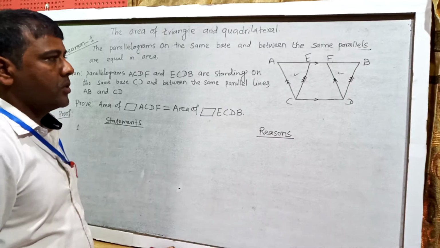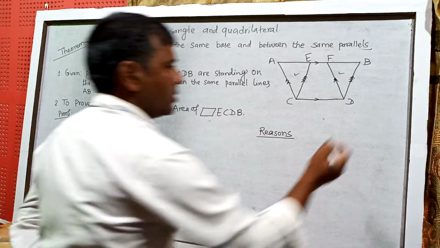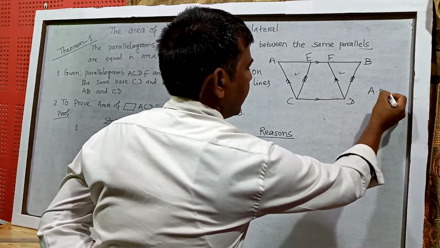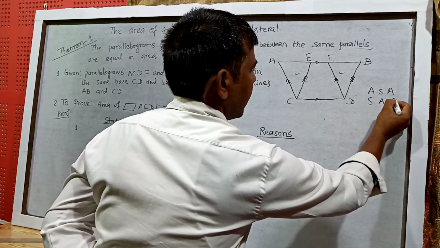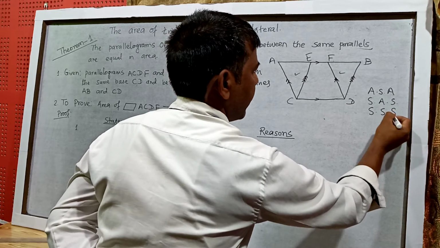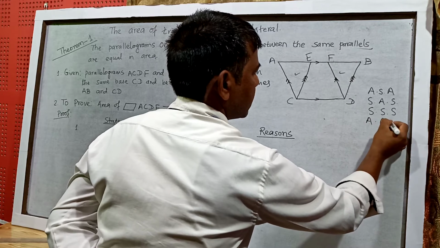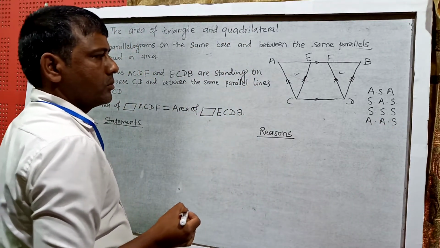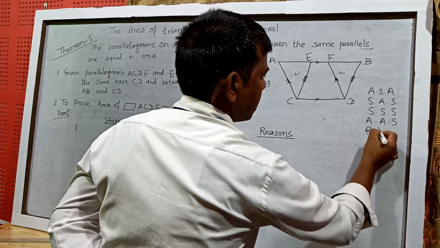We have some conditions of congruency of triangles: angle-side-angle axiom, side-angle-side axiom, side-side-side axiom, angle-angle-side axiom, and RHS axiom.